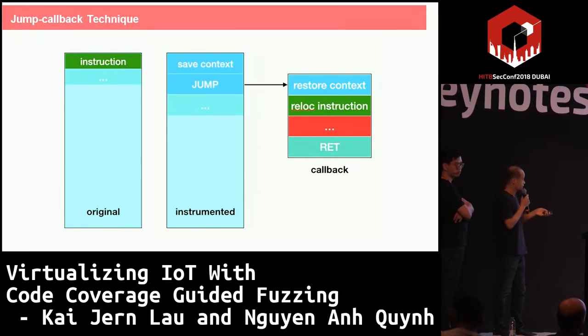But we jump directly to the callback, so there's no more intermediate memory buffer for this technique. We restore the context after the jump, and we relocate the instruction here, and somehow we execute the code back here. And after that, we jump back here. This is another type of detour technique.